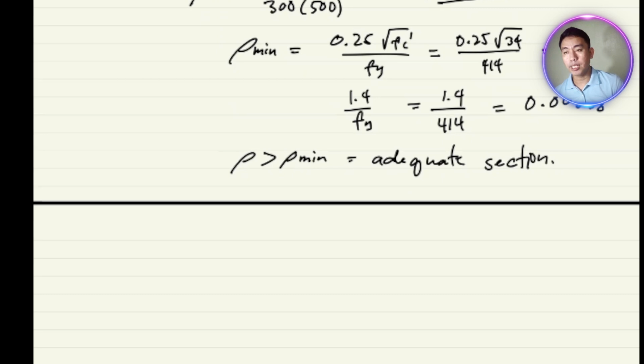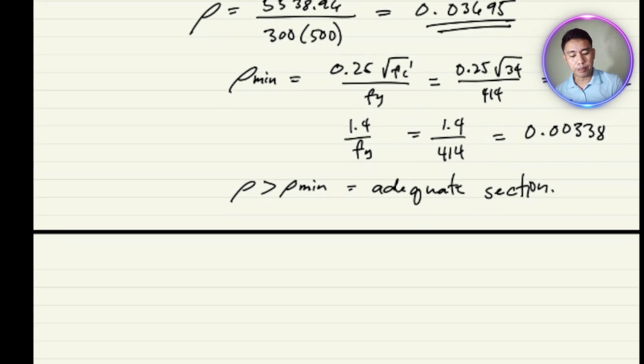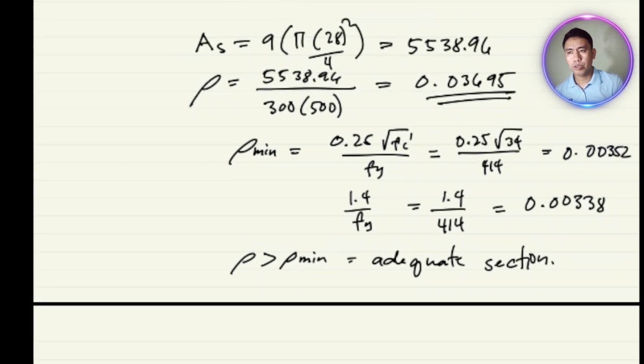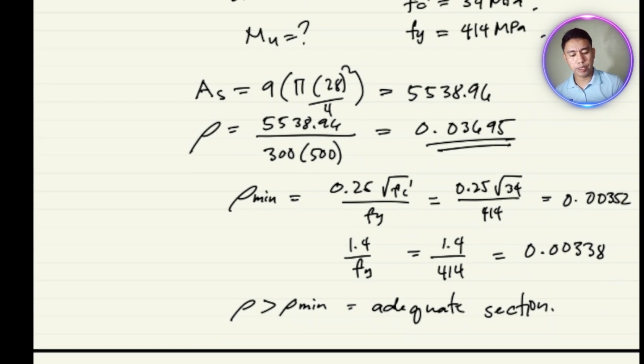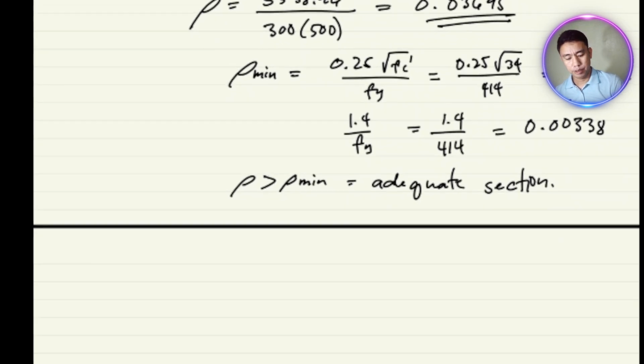So this is actually the next step is yung start ng analysis. This one is parang preliminary pa lang ito. So you may not go through with this preliminary analysis. Okay, so we'll start with checking if the steel will yield.